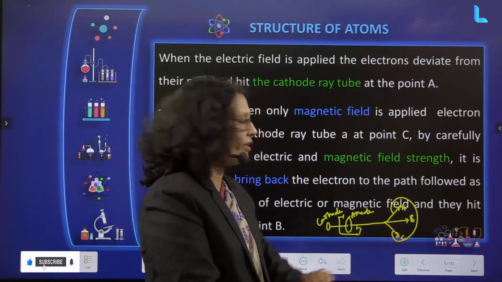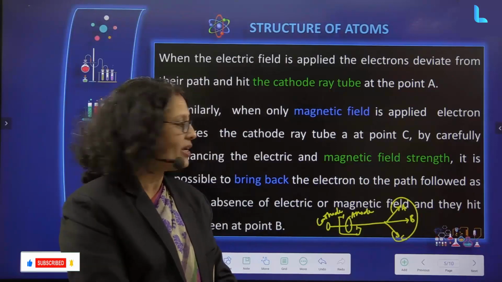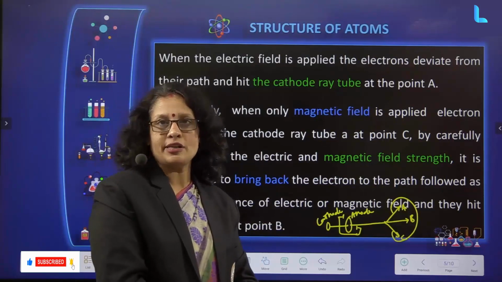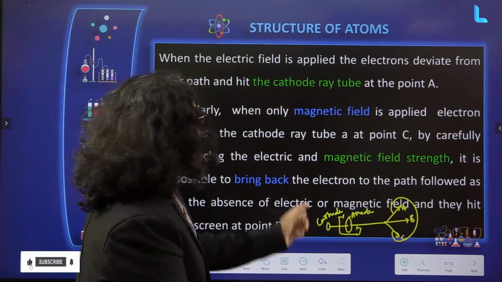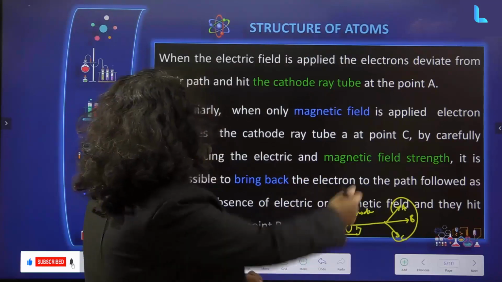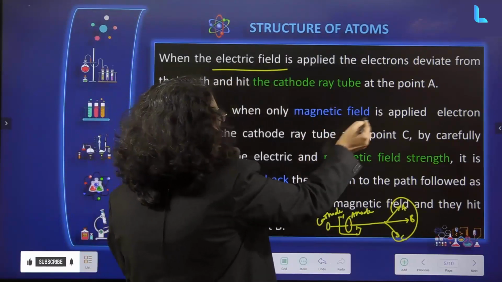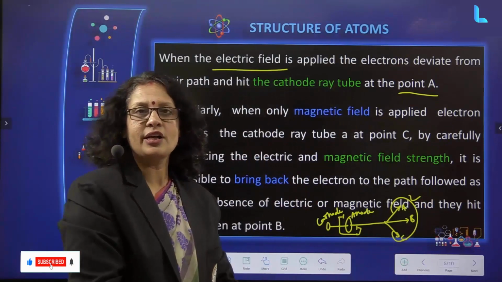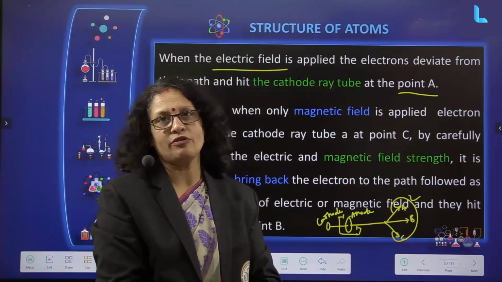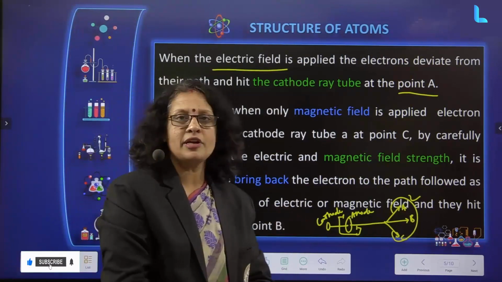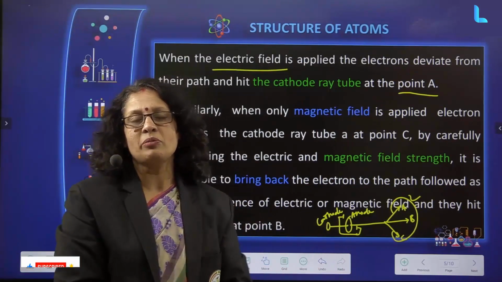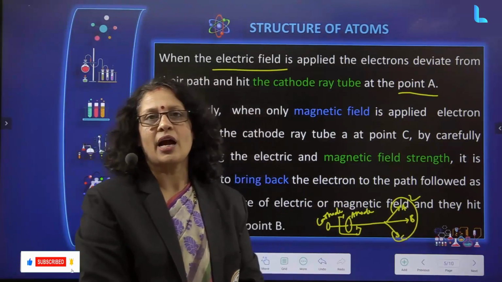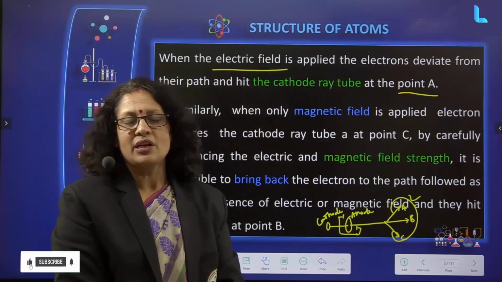You can see on a fluorescent plate there are 3 points A, B and C. You will observe where the radiation falls on A, on C and on B. When only the electric field is applied, the rays are attracted to point A. When only the magnetic field is applied, the rays are attracted towards point C. When both perpendicular fields, electric and magnetic, are applied, then point B will be hit.